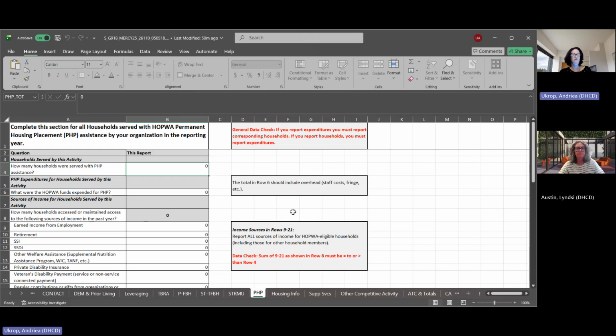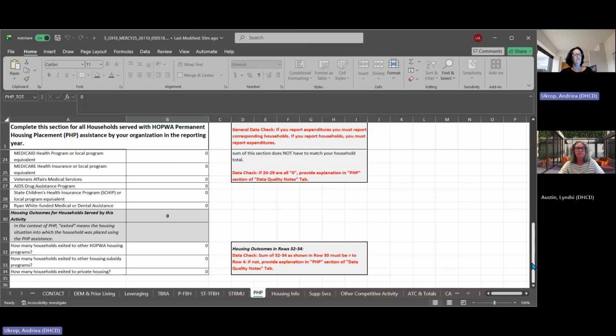If any individuals did not have a housing outcome listed here that did exit, you will need to provide an explanation again here in the data quality note tab under permanent housing placement.